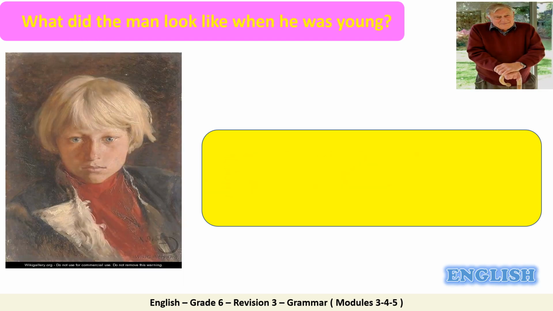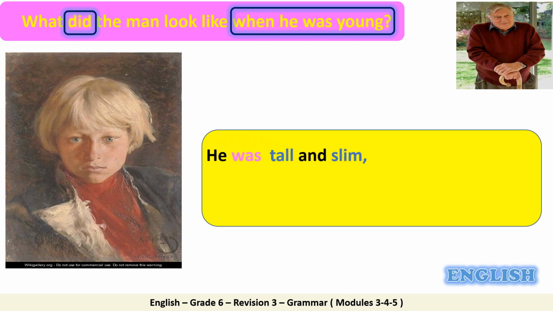On the other hand here, what did the man look like when he was young? Here the question is in the past, and when he was young is the phrase that indicates the past, and the answer will be he was tall and slim. Was, verb to be in the past, and then we have the adjectives, and the second part, and he had straight hair. He had straight hair.